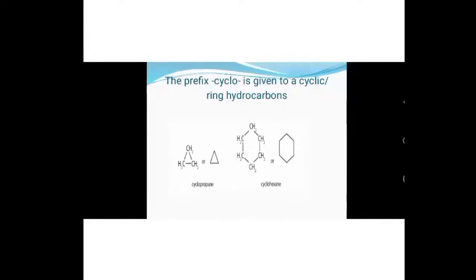Now, hexane because we have 6 carbon atoms, and in the first one, propane because we have 3 carbon atoms. So the only difference here is that we add cyclo to indicate that the compound is in a ring form.